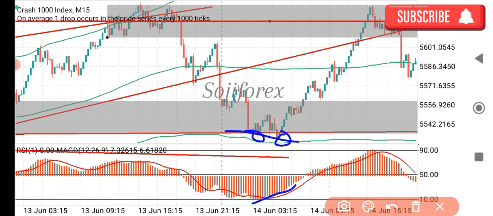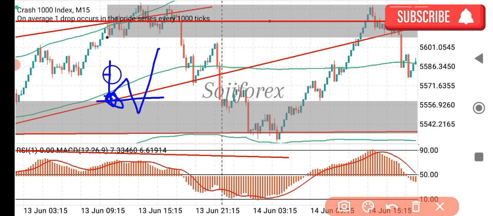Alright. So the divergence is more or less the inverse pattern of our W. Remember we said the W is of two types. This first one goes, then the second leg is longer than the first leg. So this second leg takes the liquidity of the first leg, and that is why it is most of the time 80% accurate.